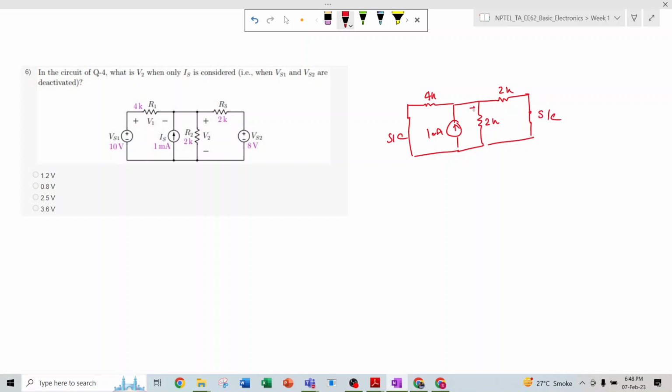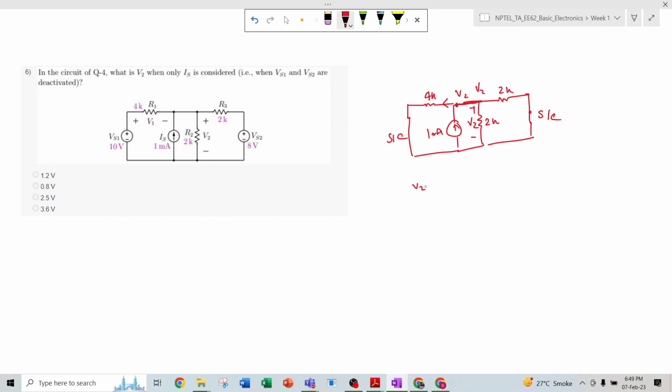Now we have to find out this voltage, that is V2. See, these two nodes are the same because there is no element between these. So we can write the same KCL: the current flowing through this direction, these two nodes have the same potential V2. Here it is also V2.